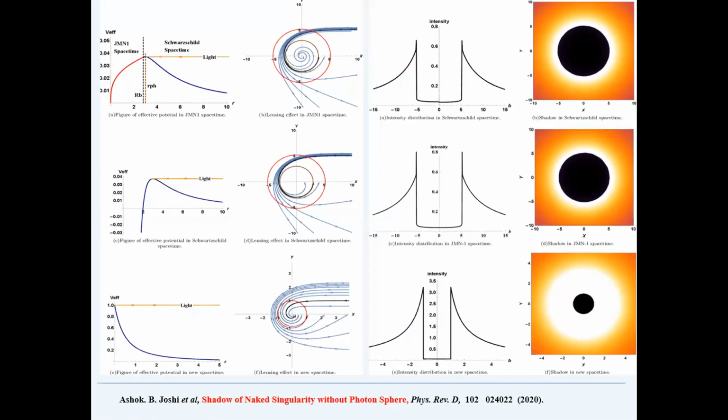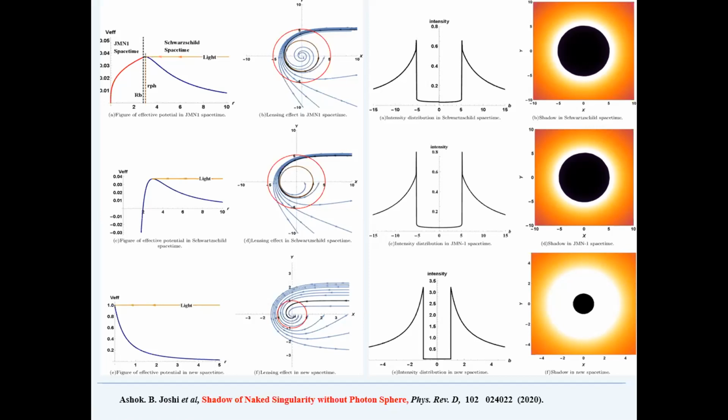In this, we show the trajectory of photons coming from a far away source and deflected due to the curvature, and this geometrical deflection causes the shadow of the spacetime. Here, the black line represents the critical light ray having impact parameter b equal to b critical, and the value of b critical in the Schwarzschild and JMN spacetimes is the same, 3√3 m. But for the null singularity, it is only m.